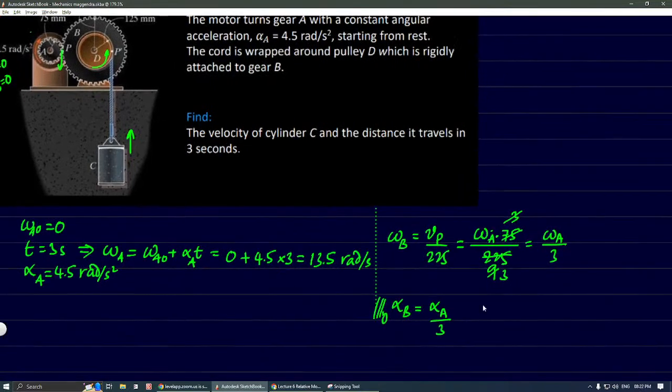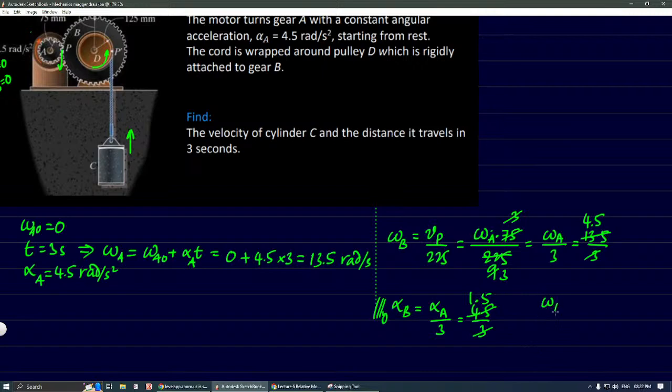Now, omega A is 13.5. So 13.5 by 3. Alpha A is 4.5. So 4.5 by 3. So 3 4s are 12, 3 5s are 15. 3 1s are 3, right?